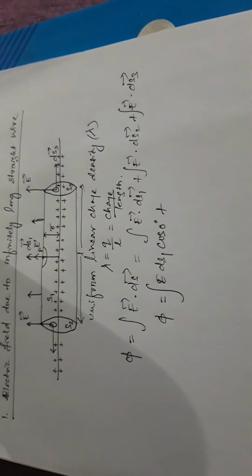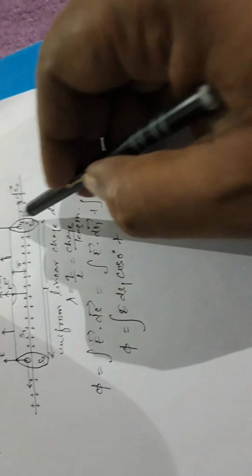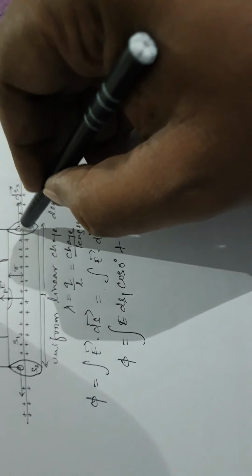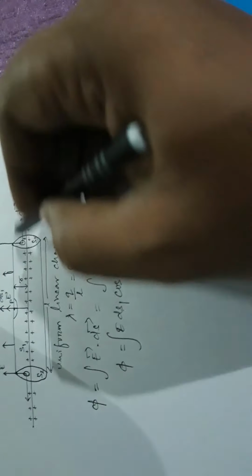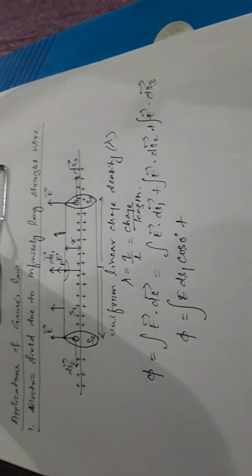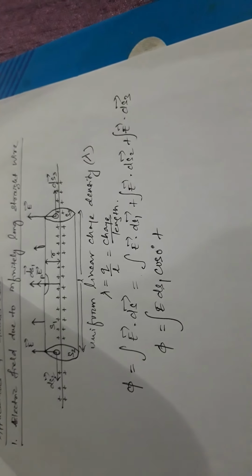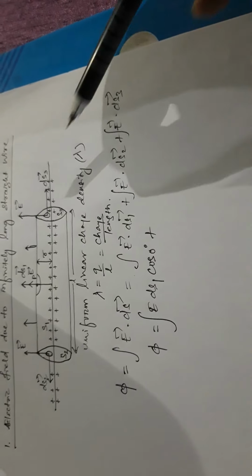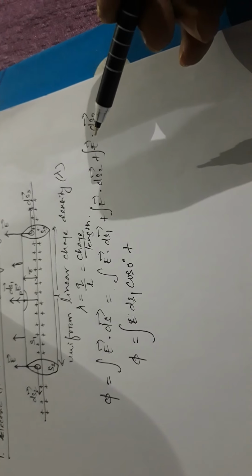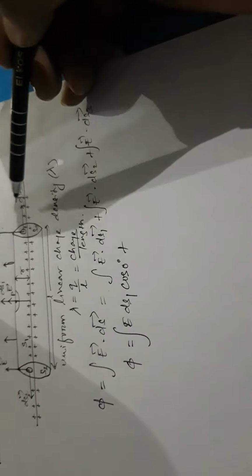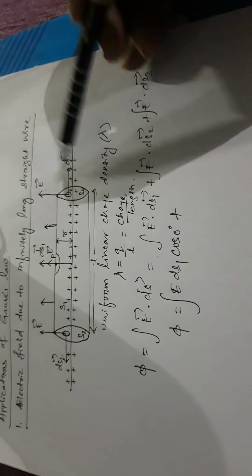Then for ds2 or ds3, the electric field direction is constant here, away from the charge, and this is the elemental surface taken, ds2 or ds3. E vector and ds3 vector are perpendicular to each other.